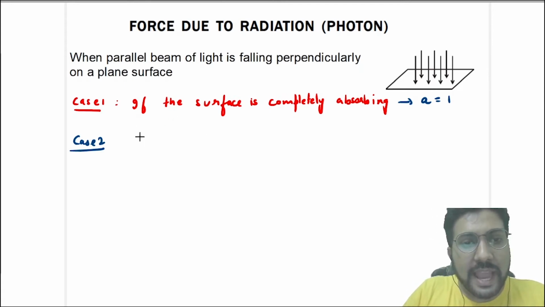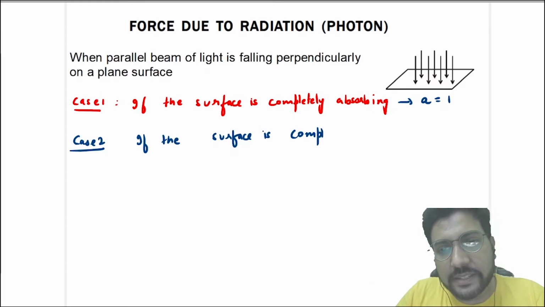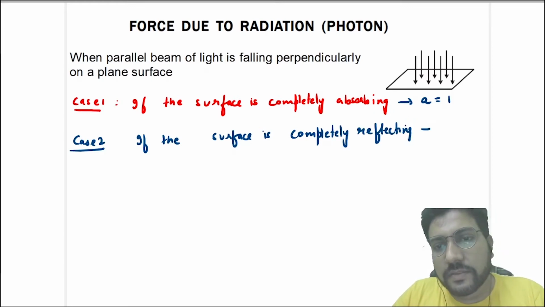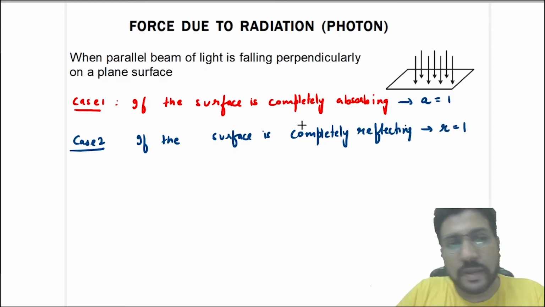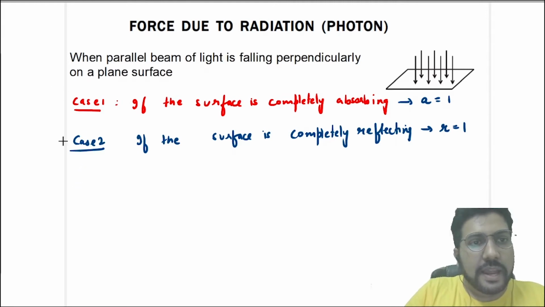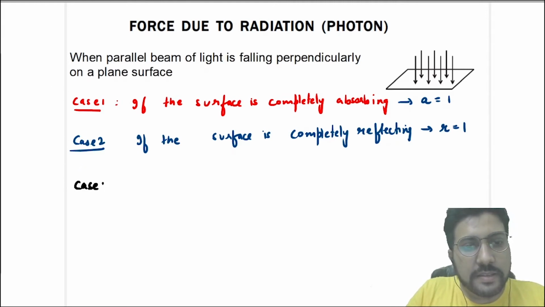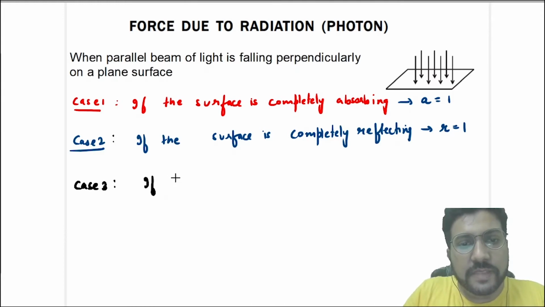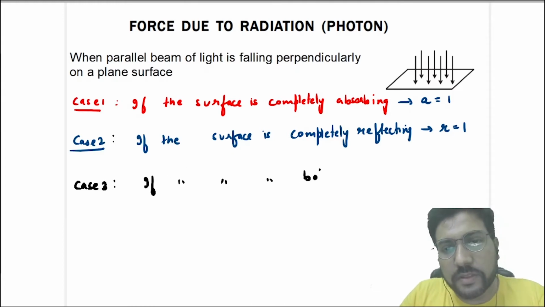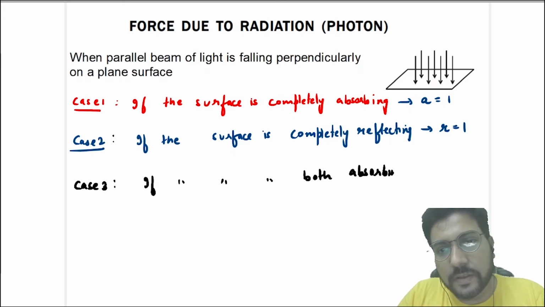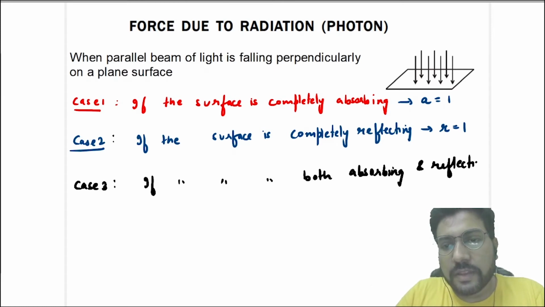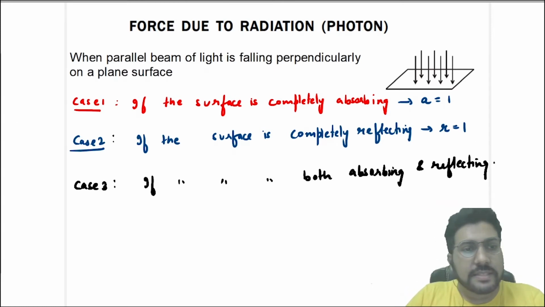Okay, and case 2 is if the surface is completely reflecting, so in this case you will say that R is equal to 1, and case 3 is if the surface is both absorbing and reflecting. Okay, we'll look at all these 3 cases together.